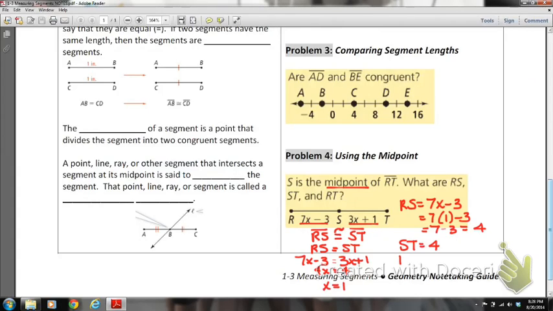Now RT is the whole segment, and it's going to be 2 times the length of one of the segments, either RS or ST, either one, because it's bisected. It's in two congruent halves. So you can double the length of either one of those, which is 2 times 4, and that gives you a length of 8 for the length of segment RT.